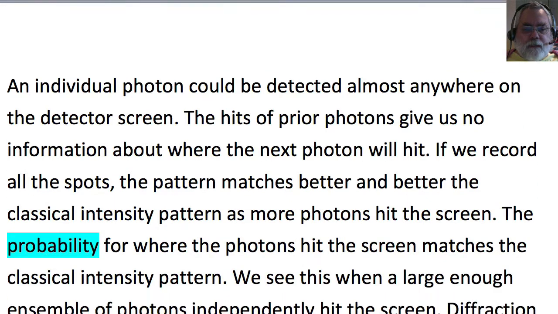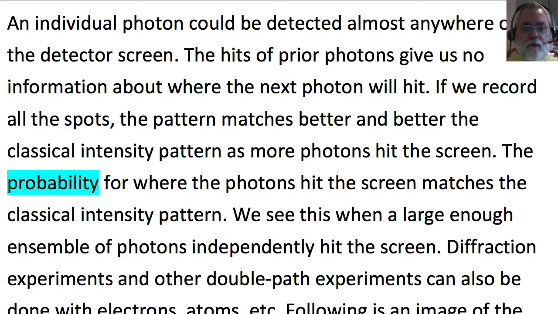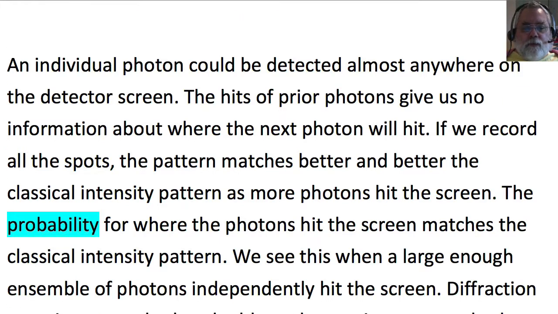Now, what we're going to see is that an individual photon could be detected almost anywhere on the detector screen. The hits of prior photons give us no information about where the next photon will hit.